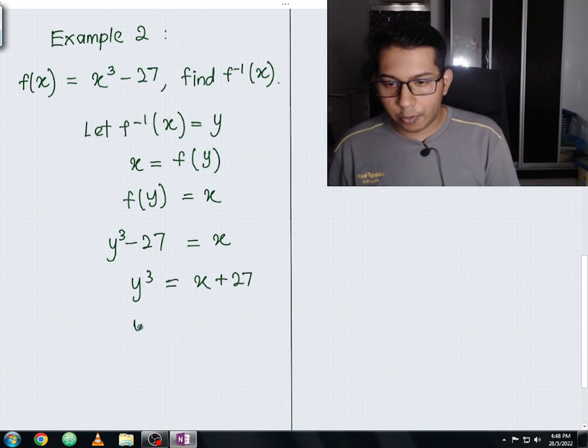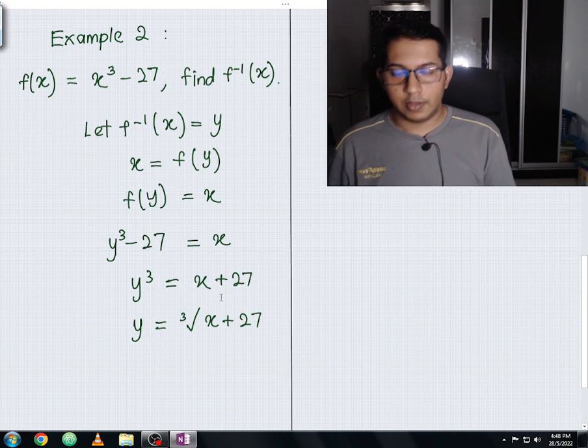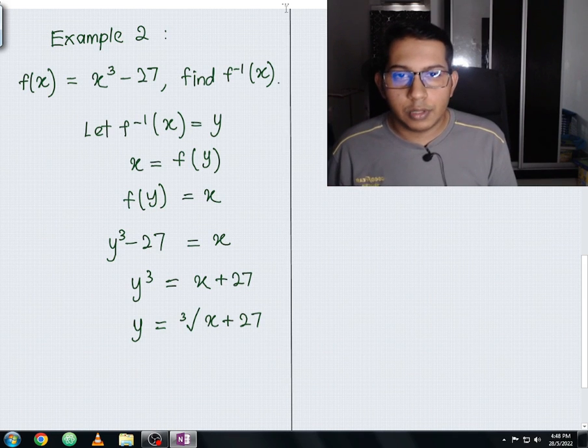So from here you get your y. What you do, you cube root this. So from here, cube root of x plus 27. Let me underline the cube root.